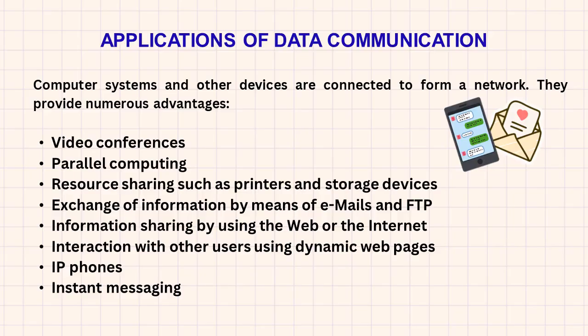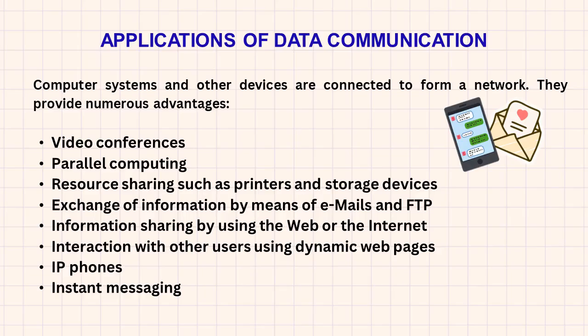Websites and online services let people access and share large amounts of information anytime, anywhere. Interaction using dynamic web pages. Users can interact with websites that update content in real time, like social media, online shopping, and forums.